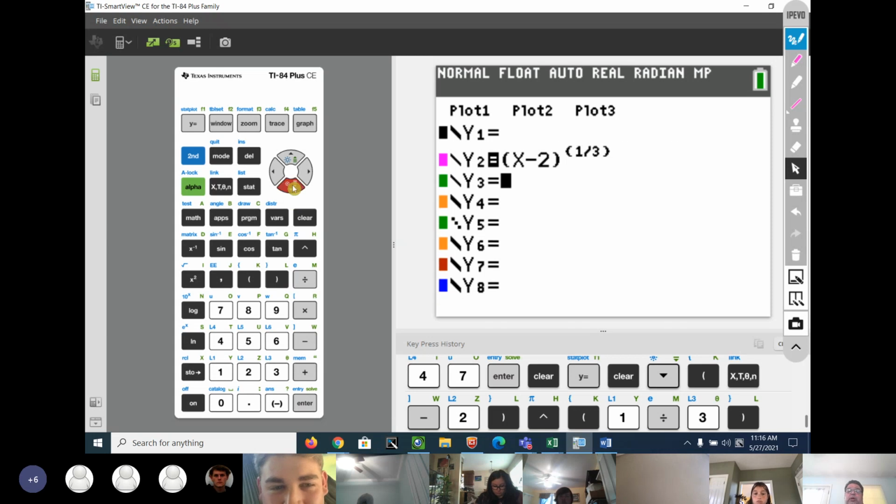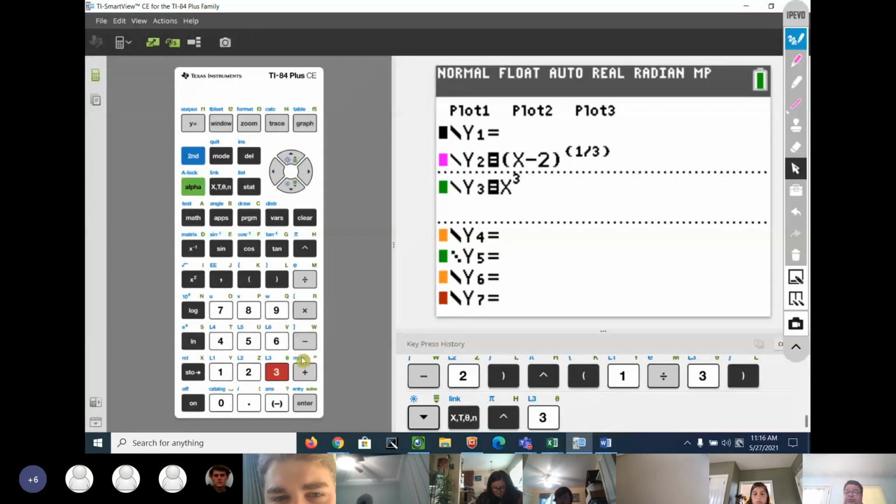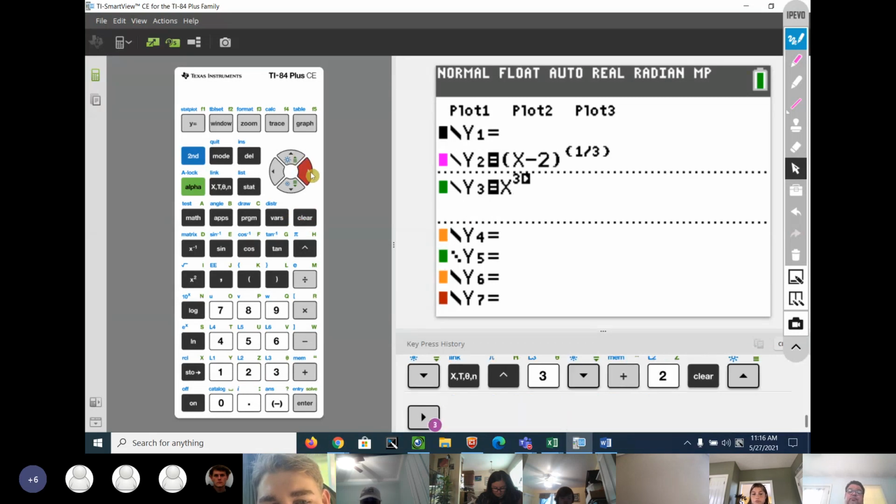And then in green, we're going to do x cubed plus 2. And you should see the inverses of each other. Plus 2. And here they are.